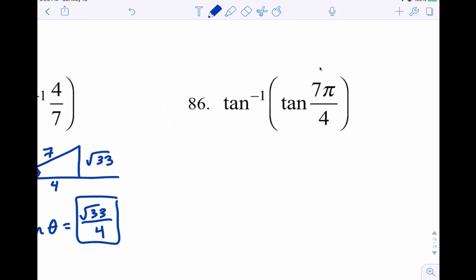Now the next one, so tangent of 7 pi over 4 is negative 1, and then the inverse tan of negative 1, again, it's got to be between negative pi over 2 and pi over 2. So that's going to be negative pi over 4.